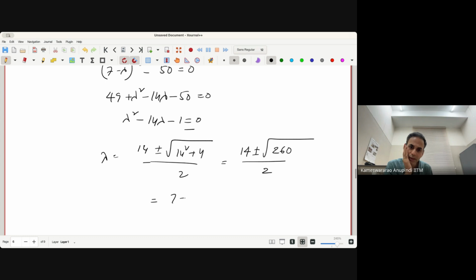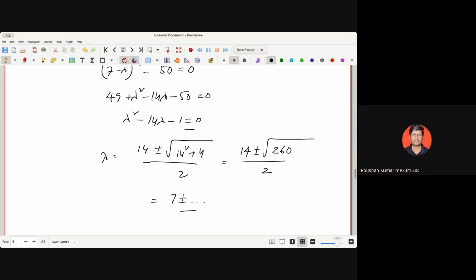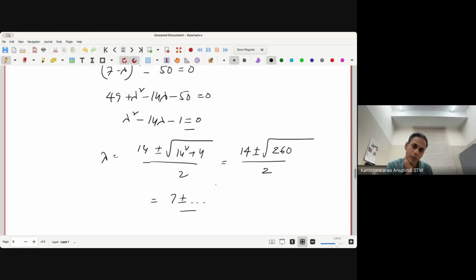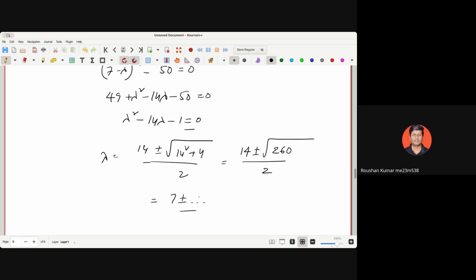So essentially this is going to be 7 plus or minus some value, 16.12 divided by 2. So 14 plus or minus 16.12 divided by 2, simple.